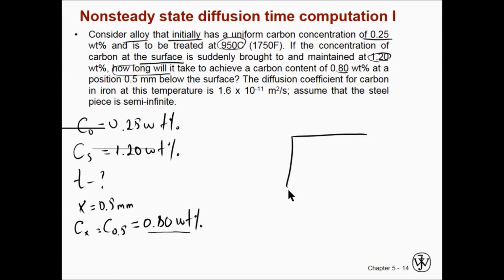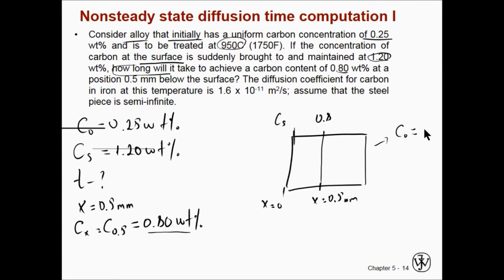Let me try to draw it. That's x0. Here the carbon concentration is equal to the surface concentration. When x is 0.5, this concentration is 0.8, and before diffusion through the material, the carbon concentration was 0.25.